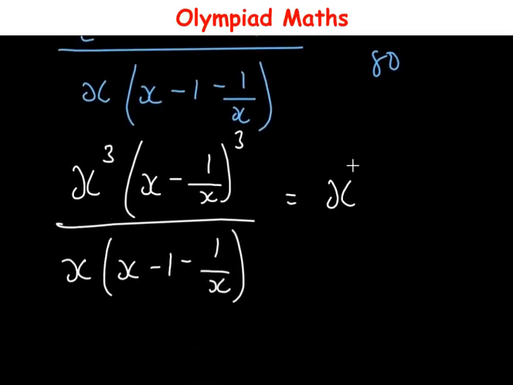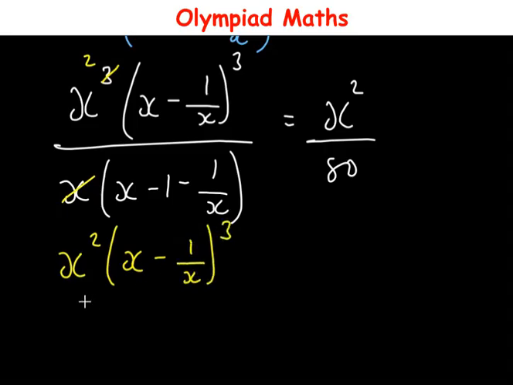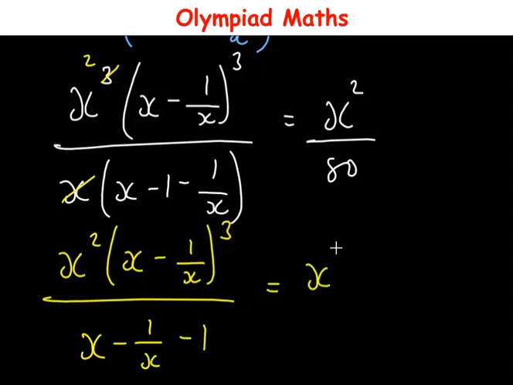We divide this, we have x² times (x − 1/x)³, then divided by x. Now we can write the denominator as x − 1/x − 1. This equals x² over 80.